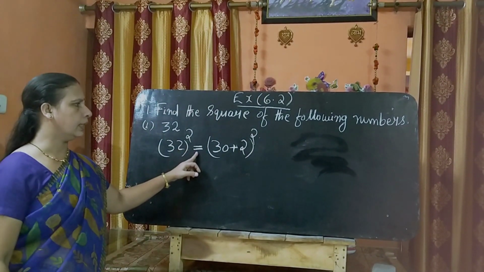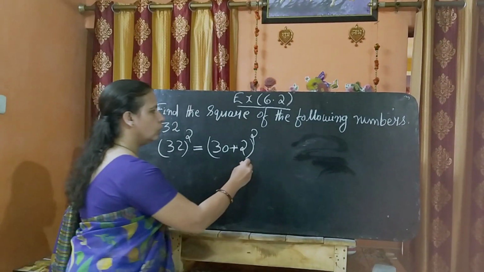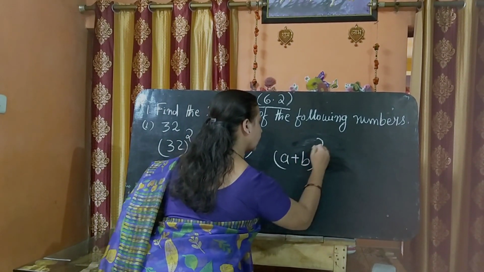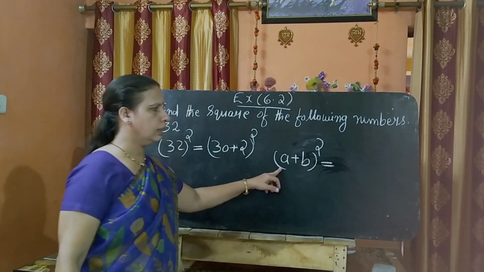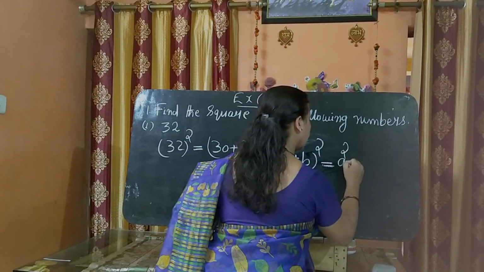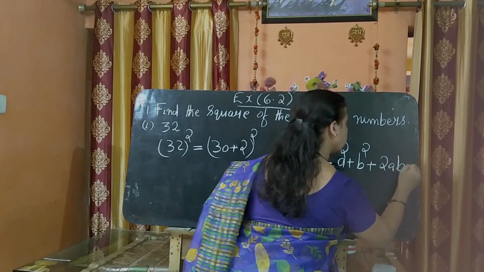32 square equals 30 plus 2 the whole square. Then use the identity a plus b the whole square. A plus b the whole square equals a square plus b square plus 2ab.